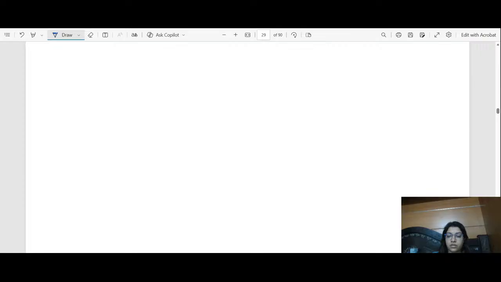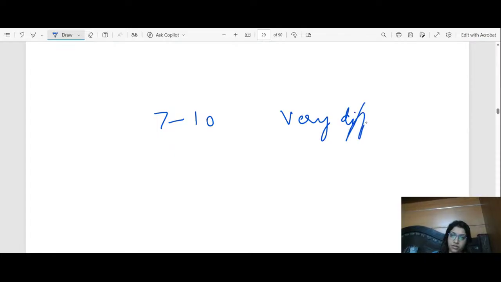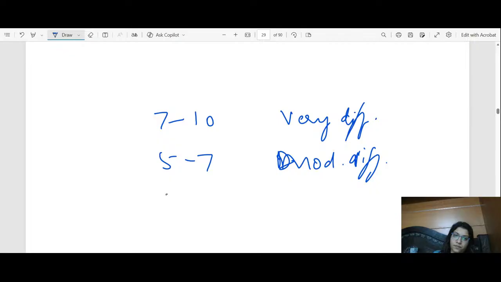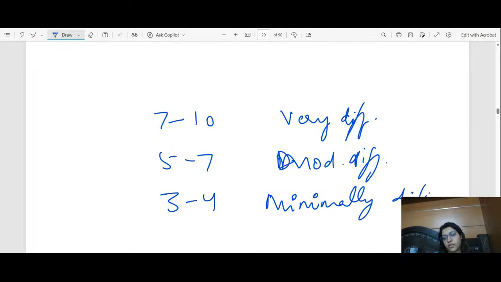So remember, when the scoring is between 7 to 10, it is very difficult. 5 to 7, moderately difficult. And 3 to 4, minimally difficult.